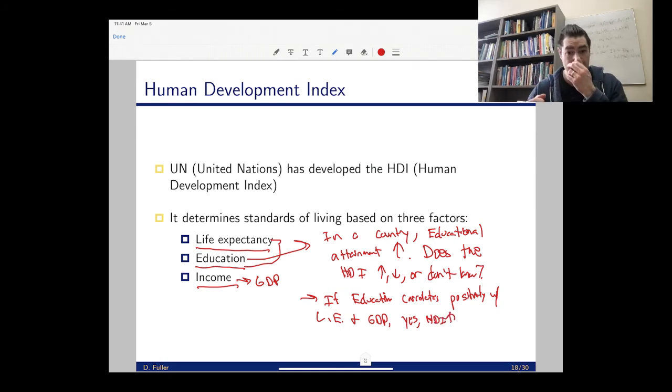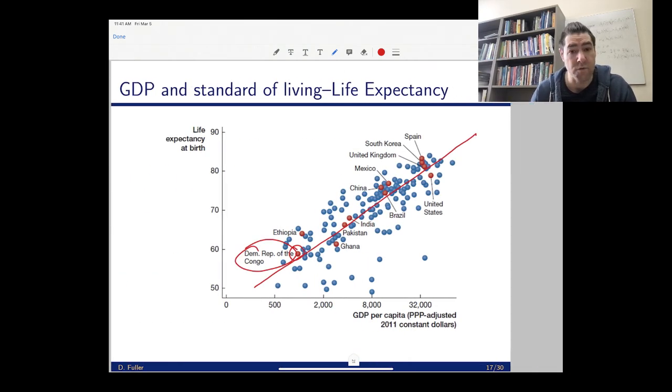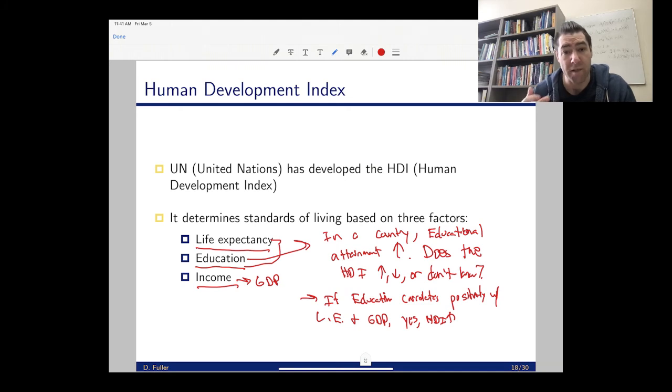And the same would be true if life expectancy went up, right? Life expectancy, we already showed, is positively correlated with GDP. So if my life expectancy went up, in fact, my Human Development Index would go up, because life expectancy and GDP are positively correlated. So life expectancy going up would tell me GDP went up. I know for sure then my Human Development Index is increasing.